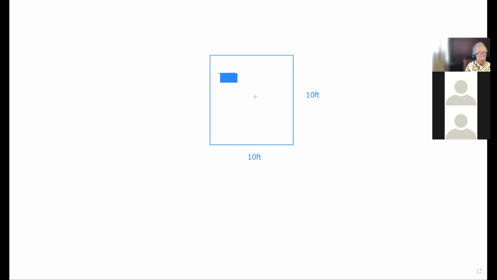I put on the whiteboard the room, 10 feet by 10 feet, and the little boxes represent tiles, the ones given as the size. Your room is a square, 10 feet long, 10 feet wide, and you're putting tiles across the room. How many of these little tiles do you need across the room?